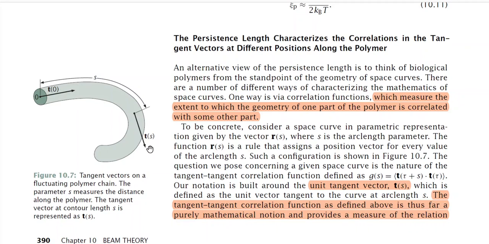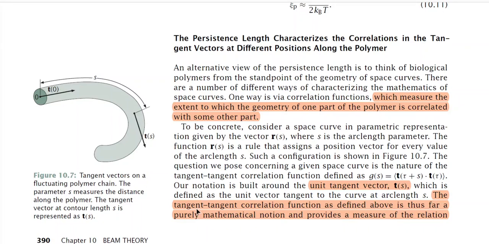You see that this one is a T(s). If s is the arc length starting from the origin, at the point s we first draw a perpendicular, then we draw a tangent to it. So, T(s) is the tangent vector at the arc length s.